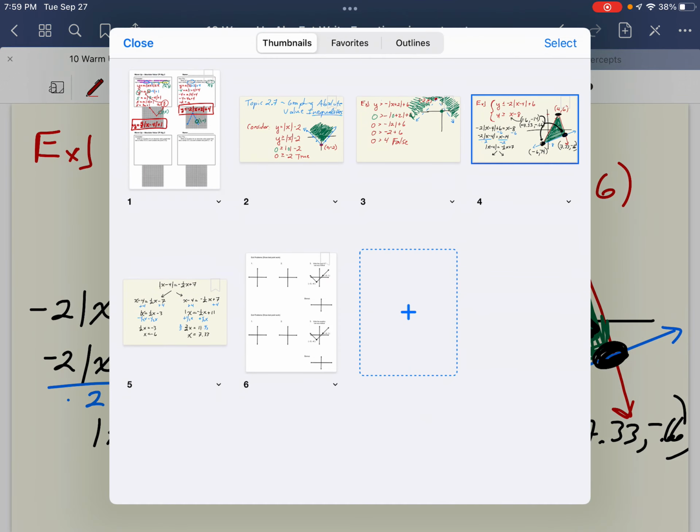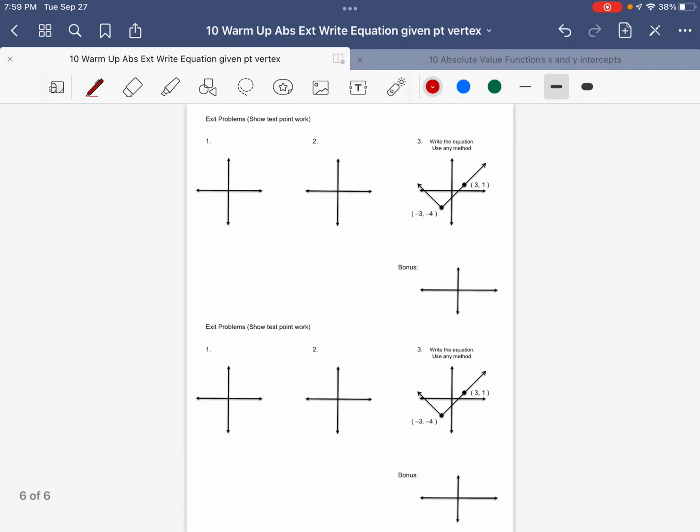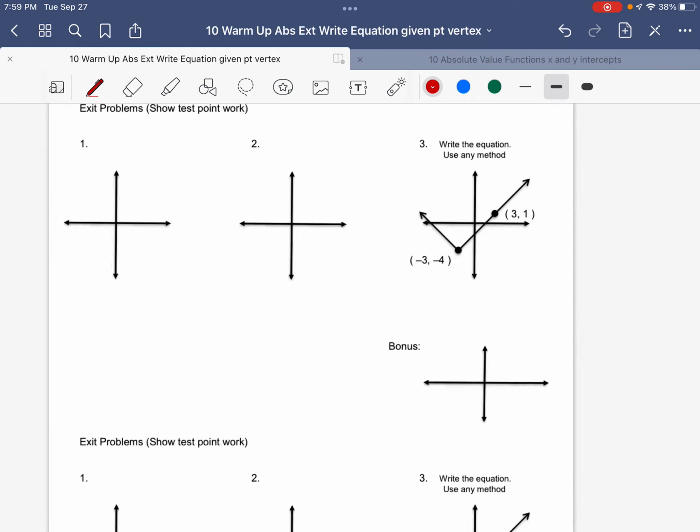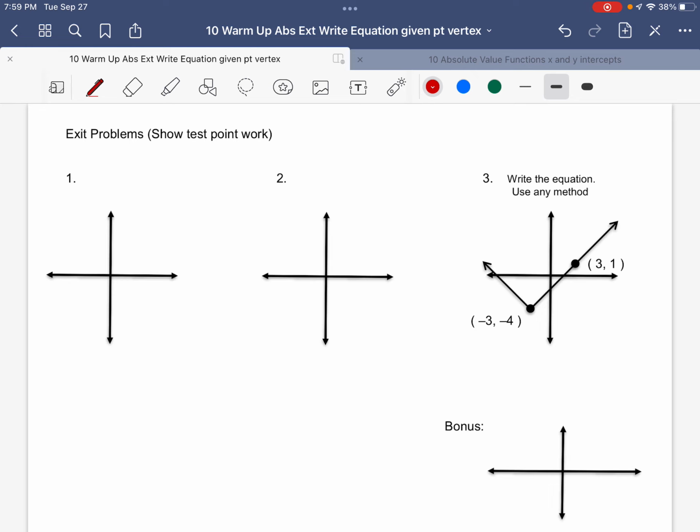Now, that little lesson has a little set of exit problems. And what you want to do now is use the back of your paper to perform each of these 3 problems. It looks like the first one's going to be y greater than 2 times the absolute value of x minus 3, minus 1.